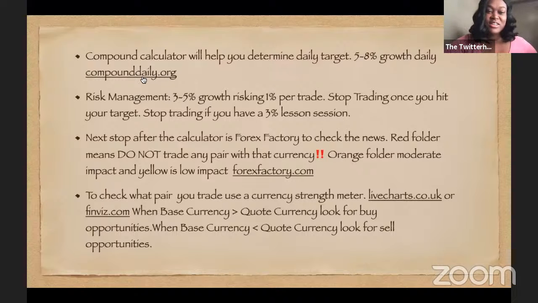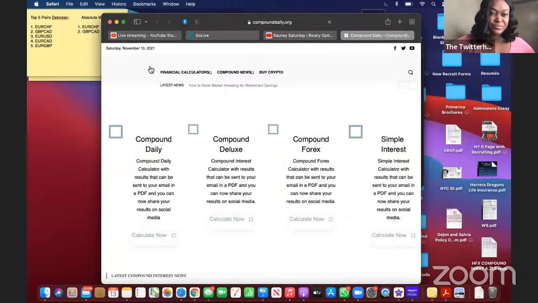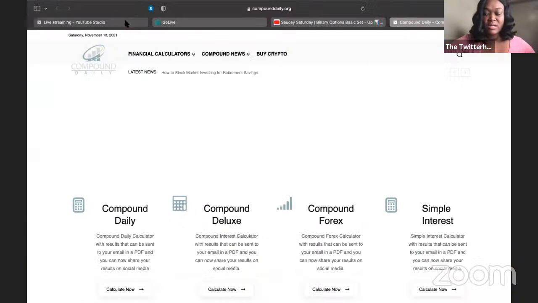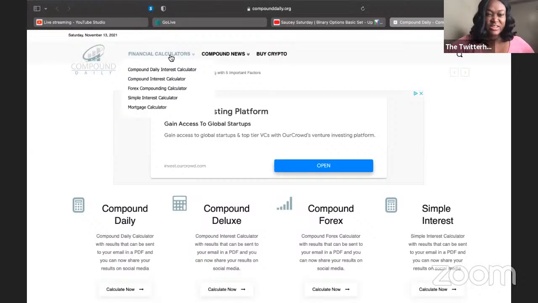So let's take a look at what this site looks like. Compounddaily.org. Here we go. All right. Let's make this bigger. Once you come here, I'm going to look at financial calculators, and you want to look at the compound daily interest calculator.